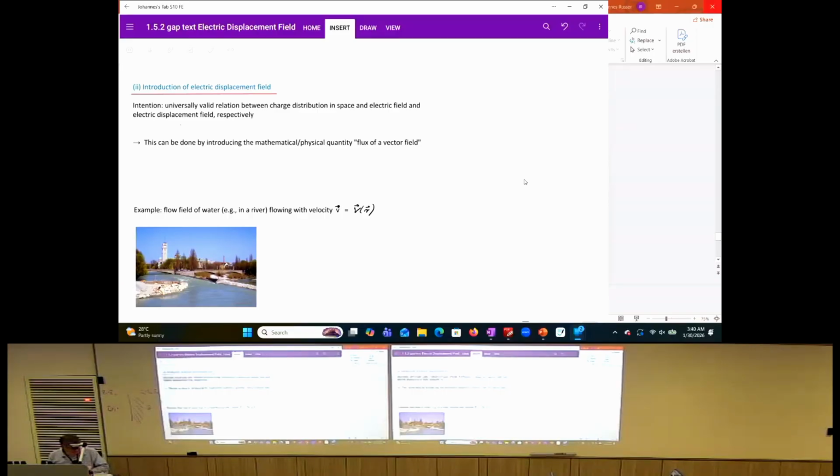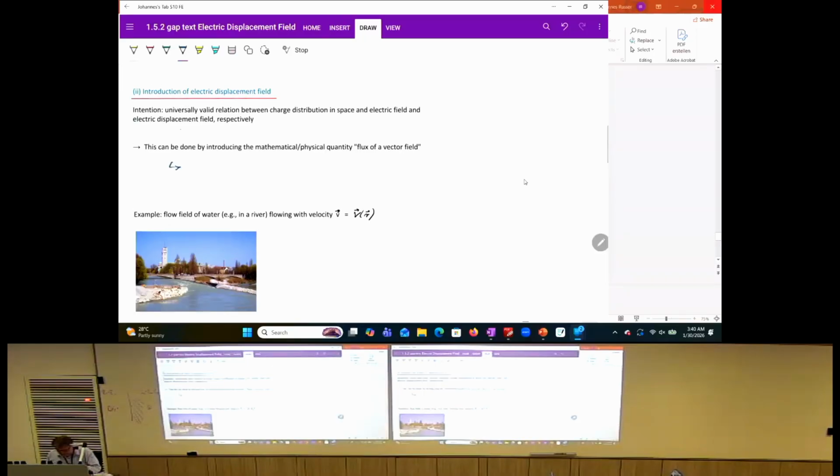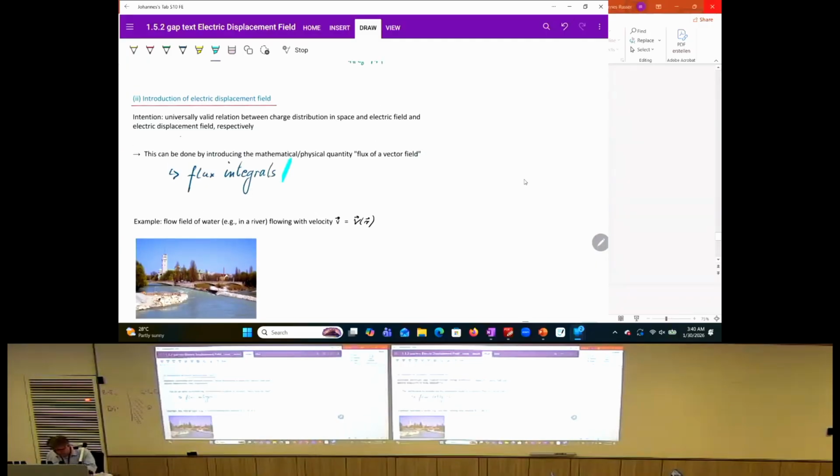Those are surface integrals in a vector field, and we use flux integrals where we want to look at the balances of quantities. So we're introducing here a mathematical, respectively a physical quantity, which is the flux of the vector field, and we use the flux integral.